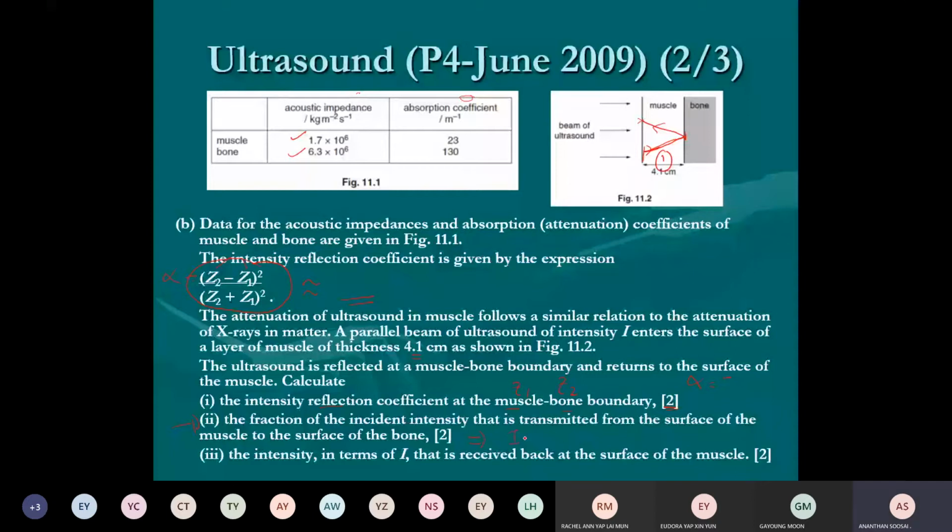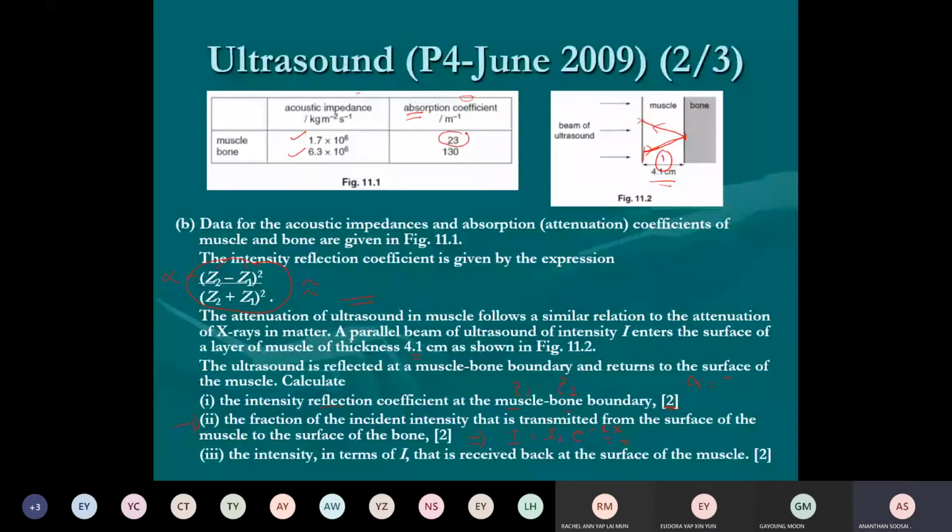I equals I naught e to the negative Kx. Yes. X, you use how much? X is 4.1. K, do you use how much? K of the muscle or K of the bone? Absorption coefficient. So you must use the muscle, because it's moving in the muscle. So you must use 23.